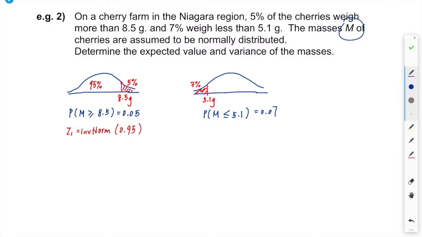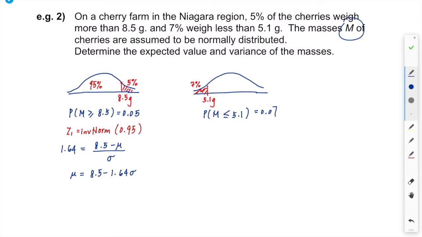And this gives us the first z-score as 1.64. With the z-score and the actual data point of 8.5 grams, I can at least substitute that into the z-score formula. If I rearrange this to isolate for mu, I have 8.5 minus 1.64 sigma.